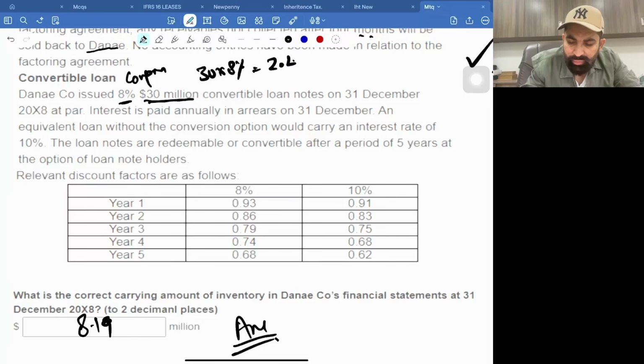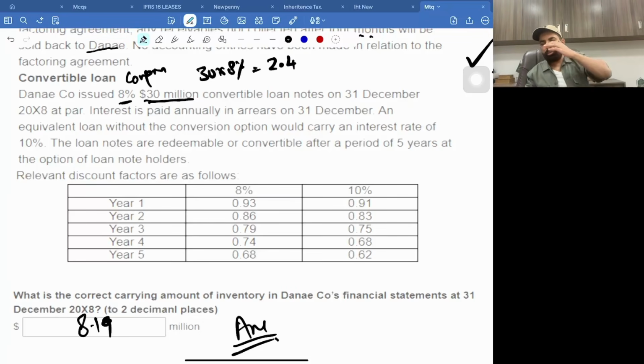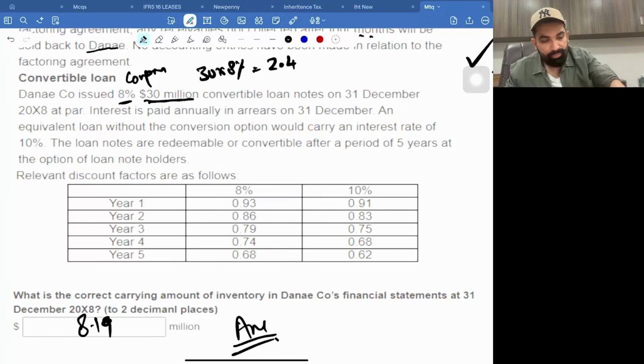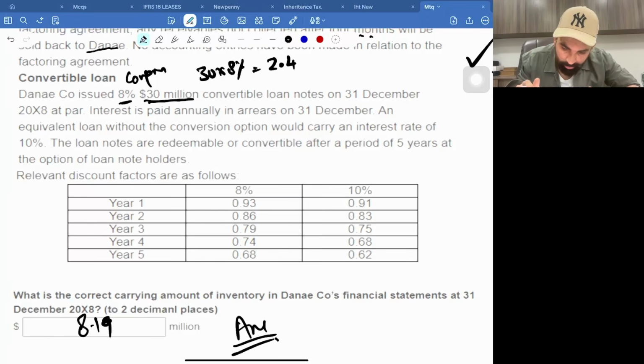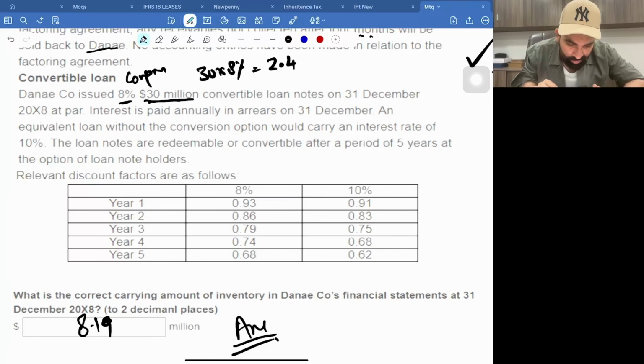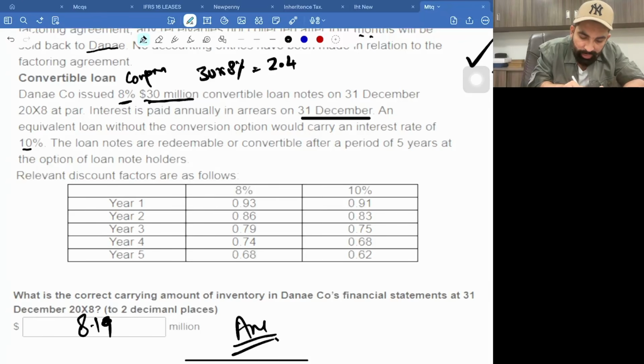Every year this 2.4 million should be paid. Interest is paid annually in arrears on 31st December. An equivalent loan without the conversion option would carry an interest rate of 10%.